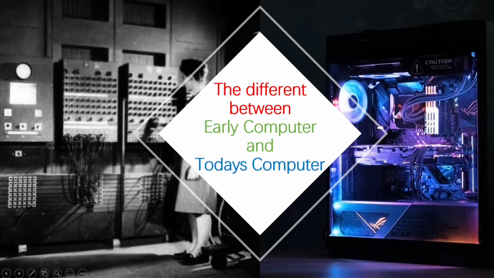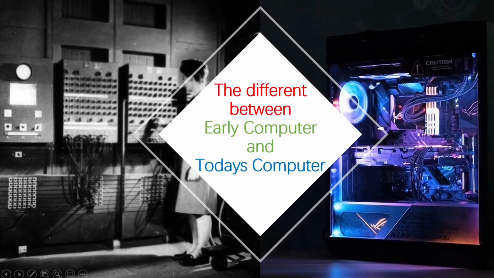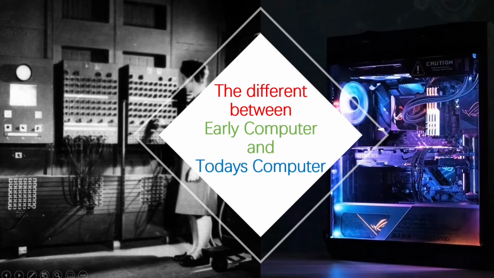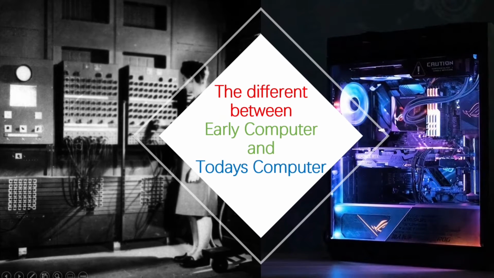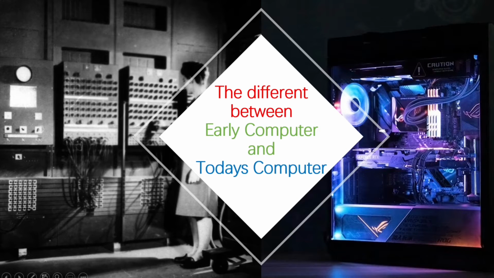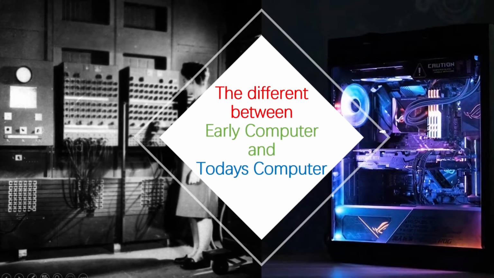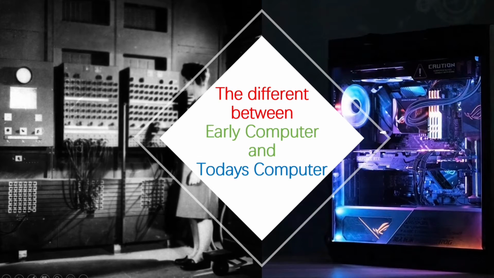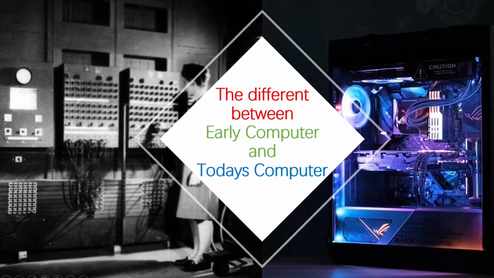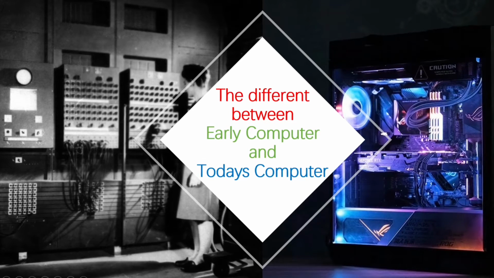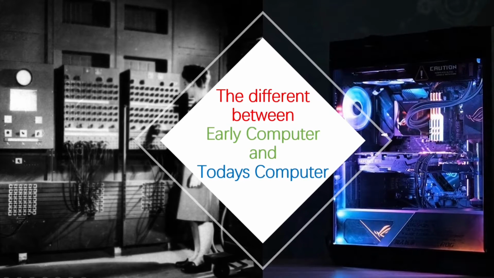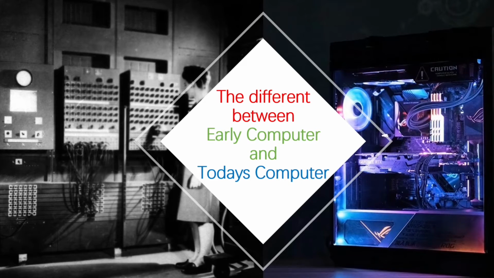Speaking of the difference between earlier computers and modern computers, our group has consulted a lot of related documents and summarized the following points. Earlier computers were big and cumbersome, and modern computers are small and light.